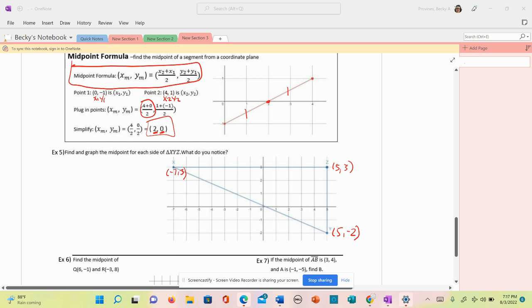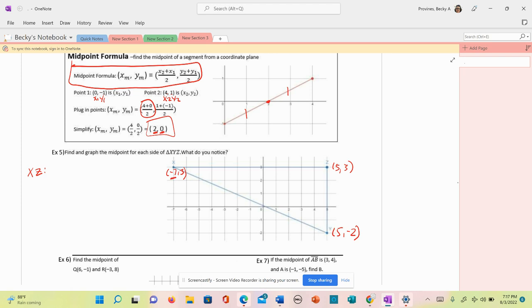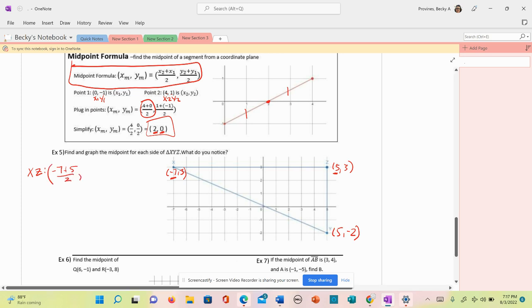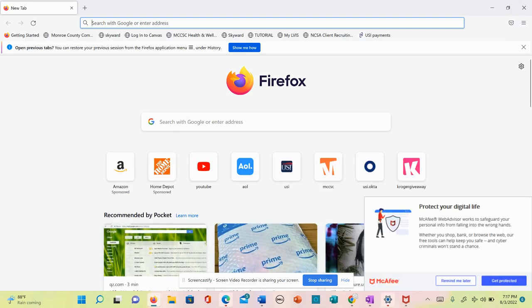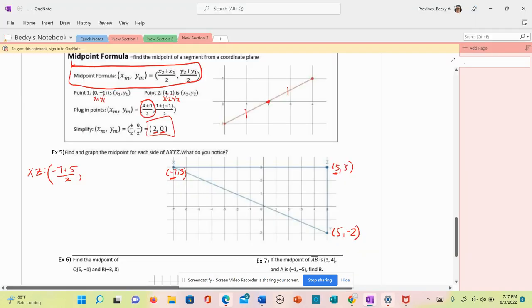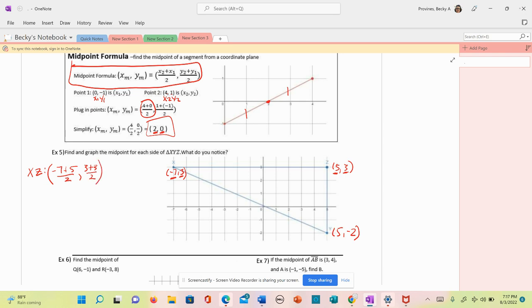So I'm going to start with xz. I'm going to take my two x values, the -7 and the 5. I want to add those together, -7 and 5, and divide by 2. Then I'm going to take the two y values, the 3 and the 3, add those together, and divide by 2.